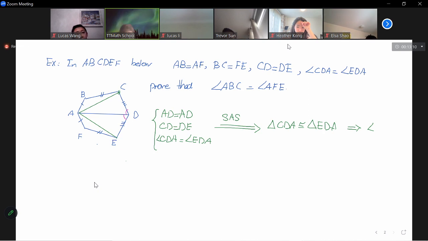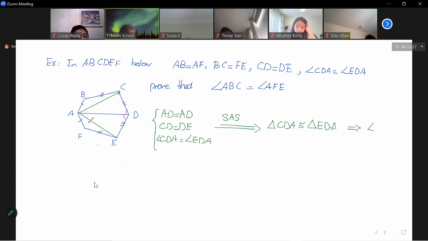Okay, so these two triangles are equal, but these two triangles don't give me this triangle, right? So it's better to prove that these two triangles are congruent.